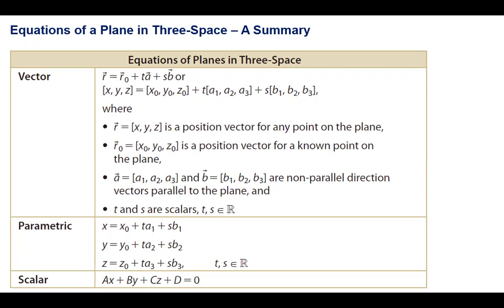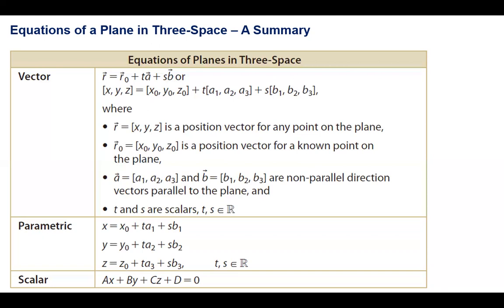Vector r naught, whose components are x naught, y naught, and z naught, is a position vector for a known point on the plane. Vector A, whose components are a1, a2, a3, and vector B, whose components are b1, b2, b3, are non-parallel direction vectors parallel to the plane. And t and s are scalars, where t and s belong to the real number set.